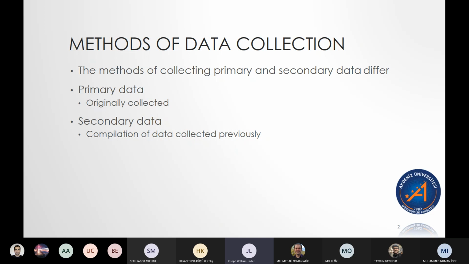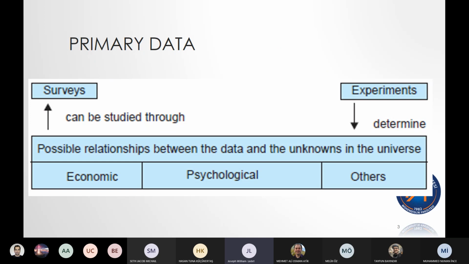So primary data can be collected. We can run experiments that will determine aspects of the world, the universe. It can fall into multiple types of fields. It could be related to economics, psychological, medical, computer-based fields as well as technological.